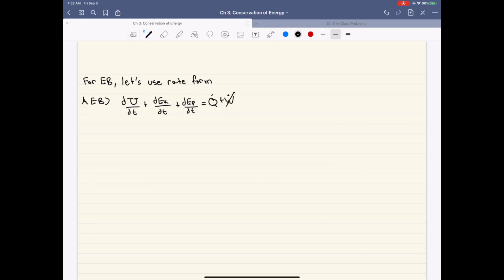So there's no work going on in this system, so that's going to be equal to 0. And there's no changes in kinetic or potential energy that we care about. So those are also going to be 0. Okay? And so what we're left with is that the change in the internal energy of the gas, system A, is just equal to some sort of heat flow rate. Okay?